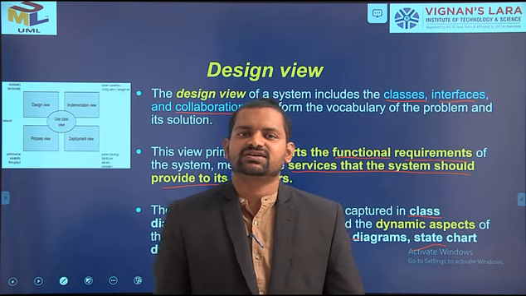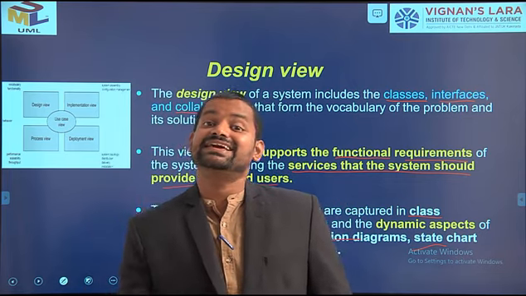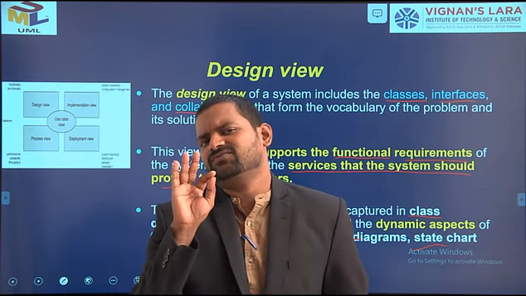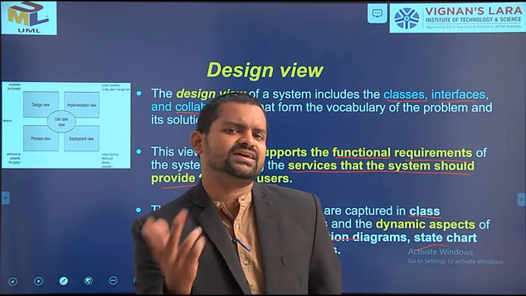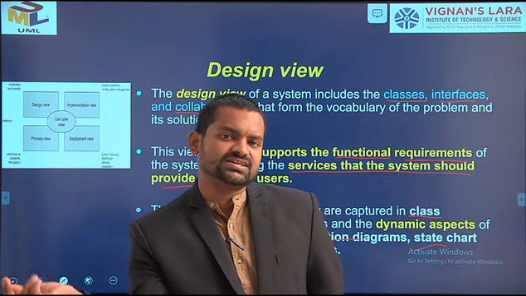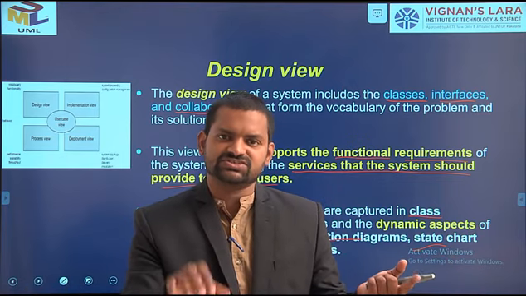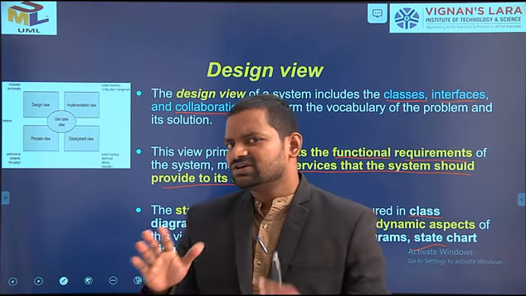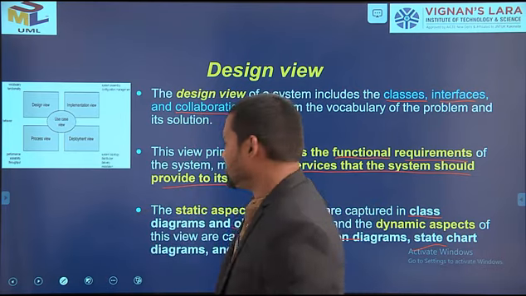Those diagrams show the behavior of the design view. For every view, there are static aspects and dynamic aspects. Use case view, design view, implementation view, process view, all should provide dynamic aspects and static aspects.